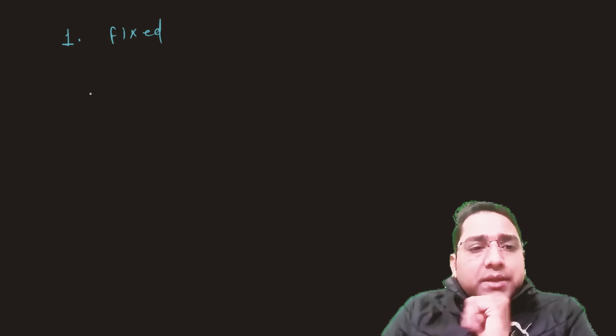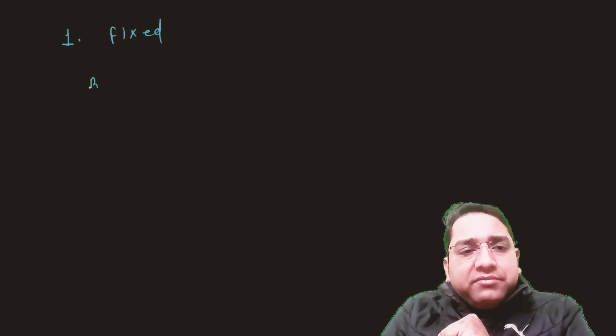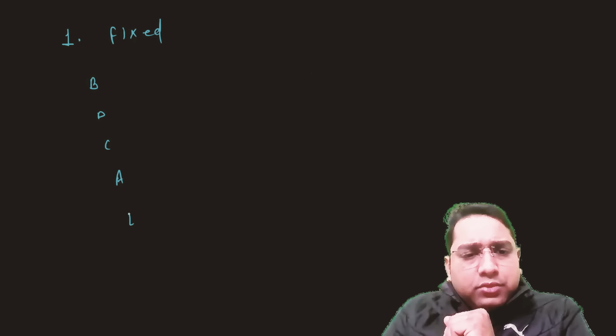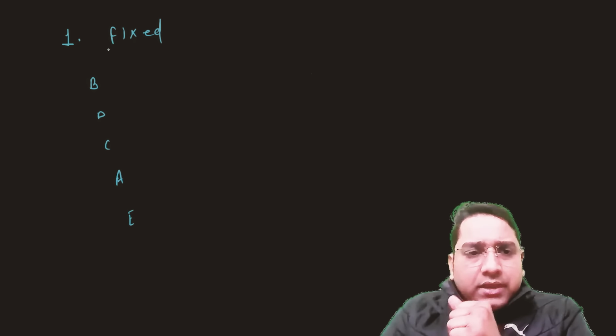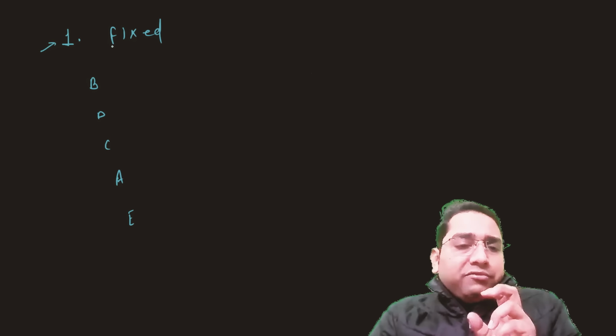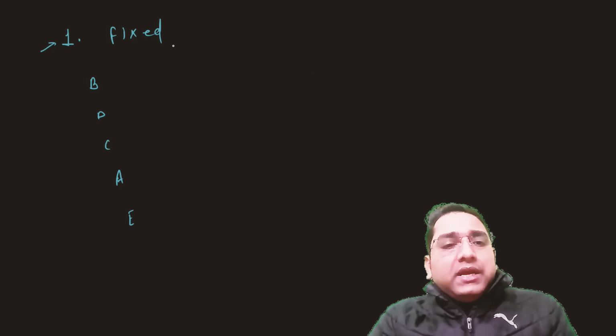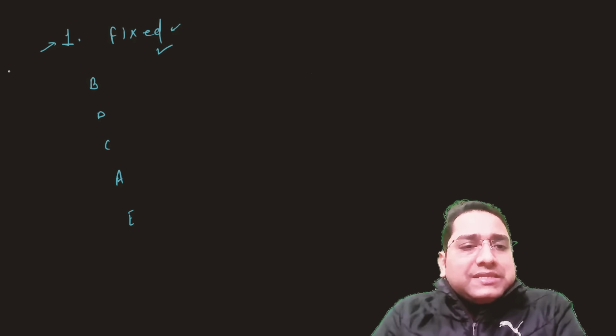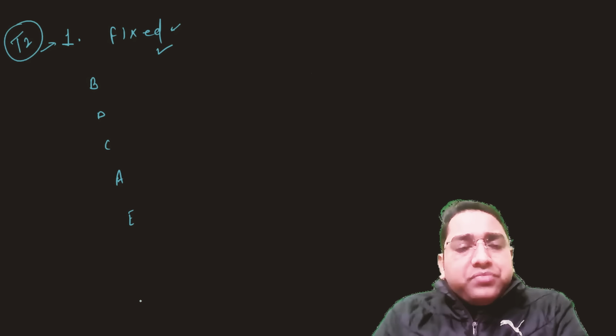But the remaining 4 or 5 would be jumbled, right? You will have to figure out the best sequence. Actually, this will be helpful when you have the first line fixed. This is type 2.